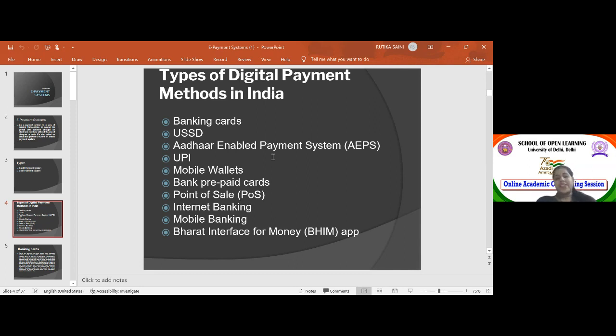Then we have the USSD. Now USSD is something else. Here we don't usually use the USSD code to make the payments, but it is one of its kind of offline payment system. The electronic media, the mobile phone is involved, but you don't need an internet connection there.